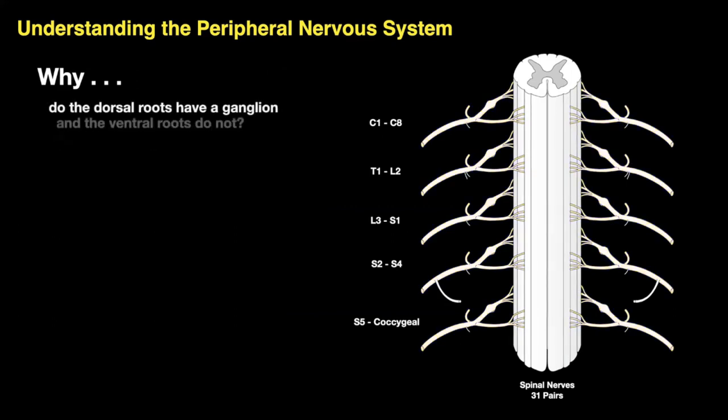Why do the dorsal roots have a ganglion and the ventral roots do not? Why is there a white communicating ramus only at the T1 to L2 spinal nerve levels and no other levels? Why do all spinal nerve levels have a gray communicating ramus?